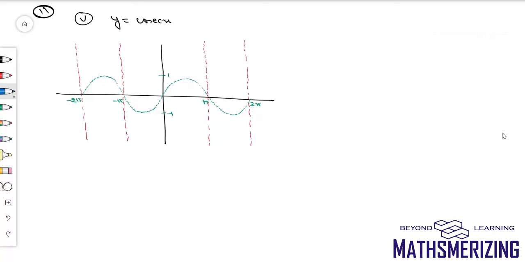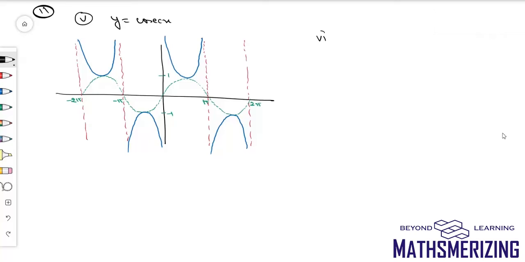So I'll start drawing the graph of cosec x from the graph of sin x. If it lies above the x-axis, I'll draw the graph above the x-axis, and if it lies below the x-axis, I'll draw the graph below the x-axis. So that's the graph of y equals cosec x.